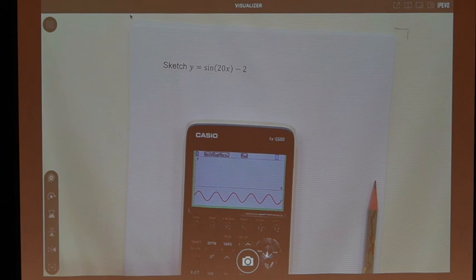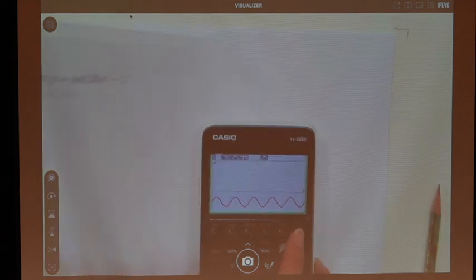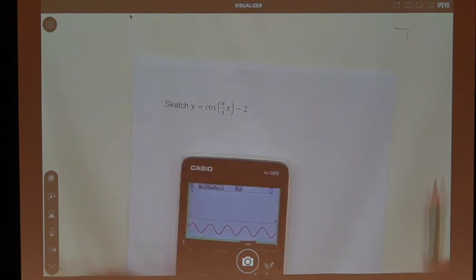Alright. And then? Okay. Still a trig function. Again, play around with your V-Window. This time, yes, we see the pi there. This is in radian.